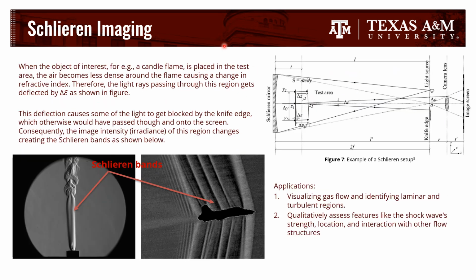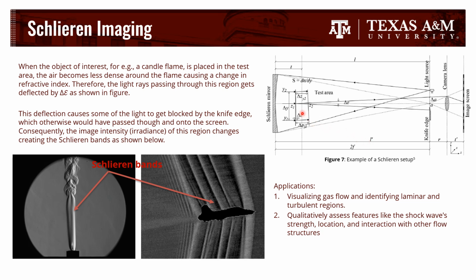When the object of interest, for example a candle flame, is placed in the test area, which is anywhere between the concave mirror and the knife edge, the air becomes less dense around the flame, causing a change in refractive index. Therefore, the light ray passing through this region gets deflected by a certain amount.